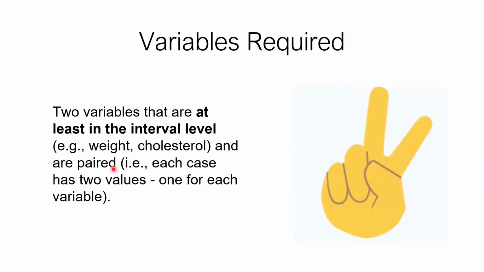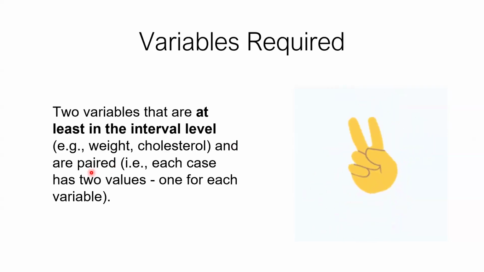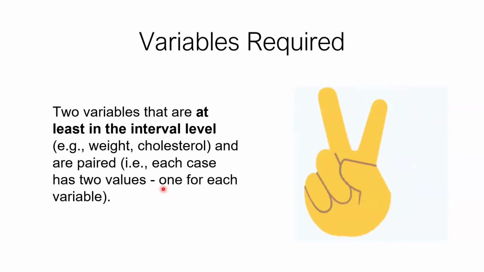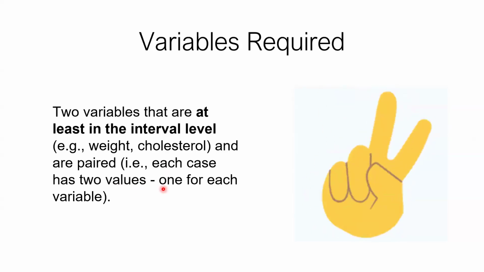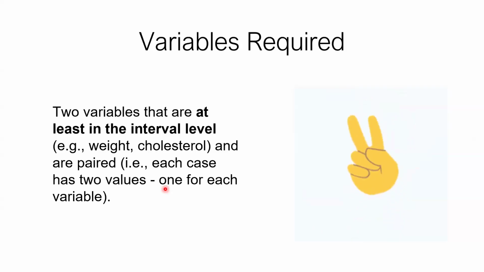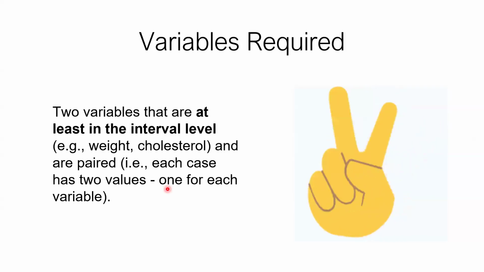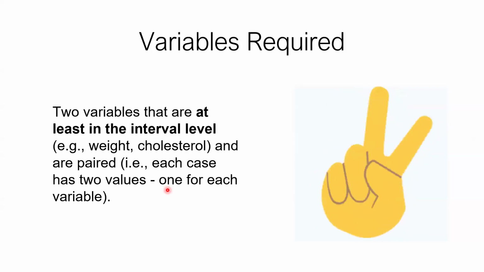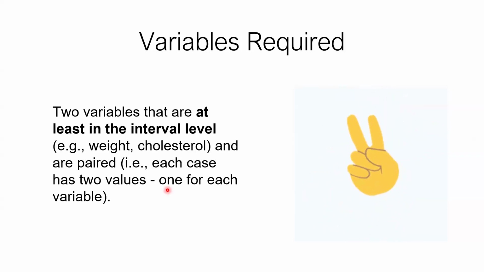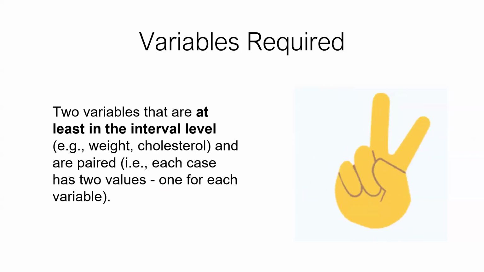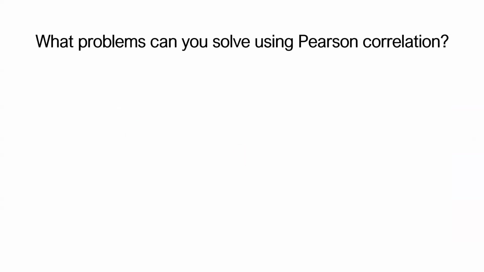And they are paired, meaning each case has two values, one for each of the variables. So you have a set of participants or set of elements that are measured twice on two different variables.